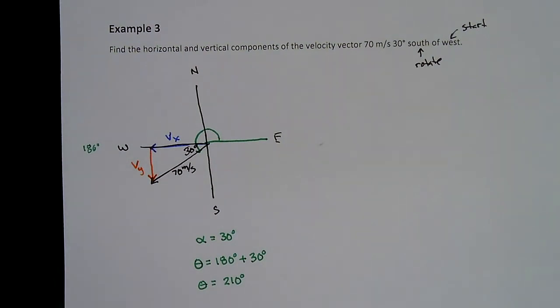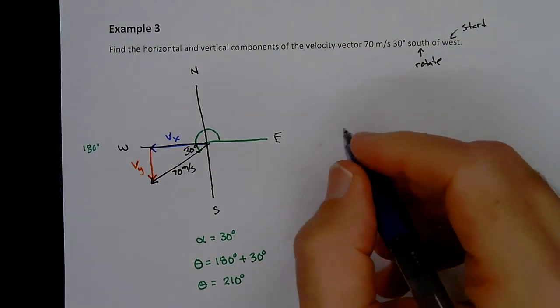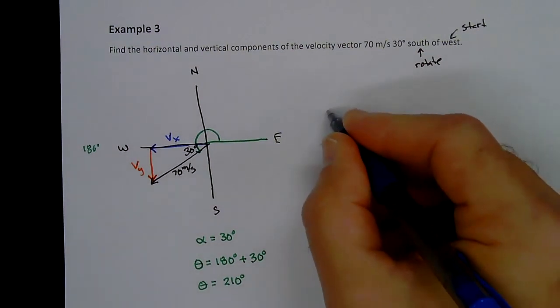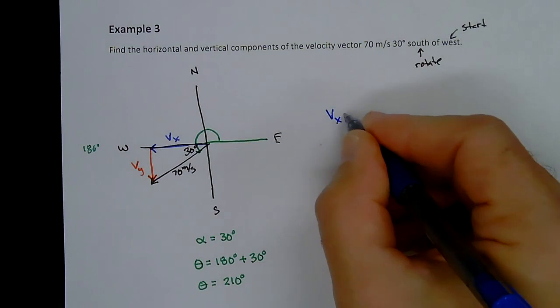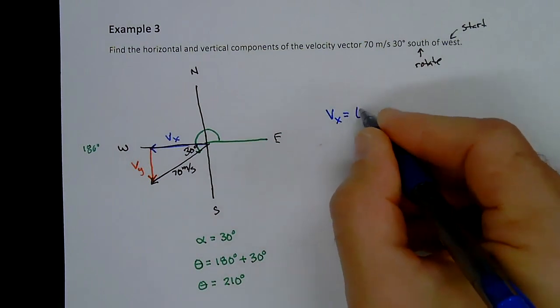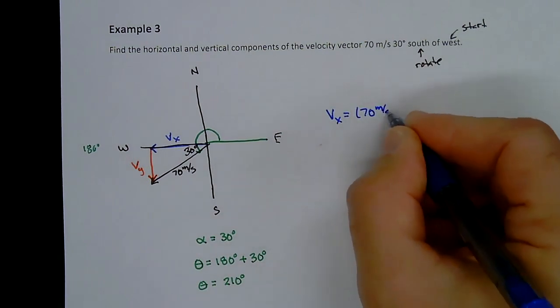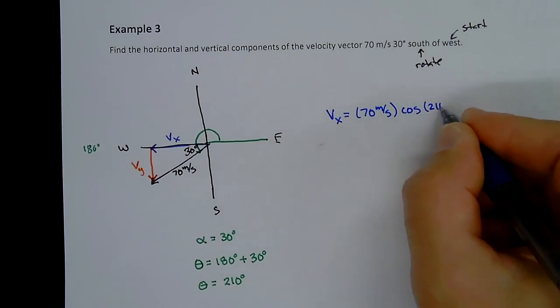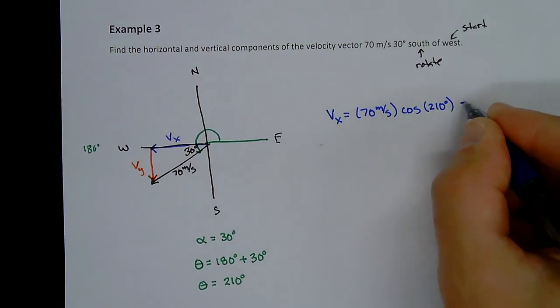Okay, I can't stress that enough with you guys, all right? It's starting to sound like I'm mad, but I'm not, all right? Okay, here we go. V sub x. So V sub x is equal to 70 meters per second cosine of 210 degrees.